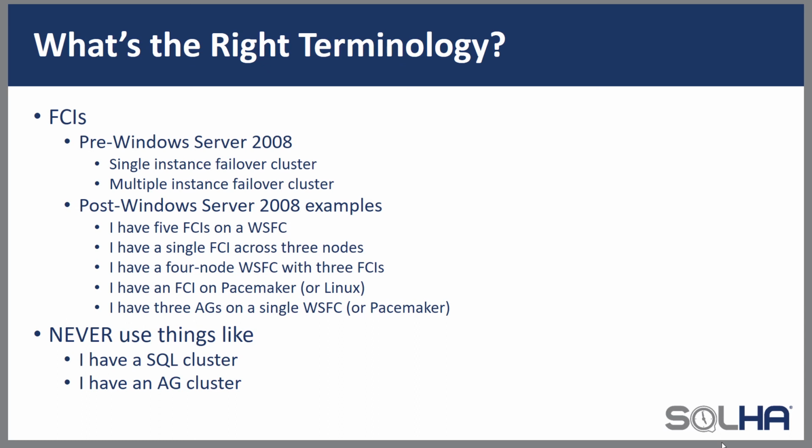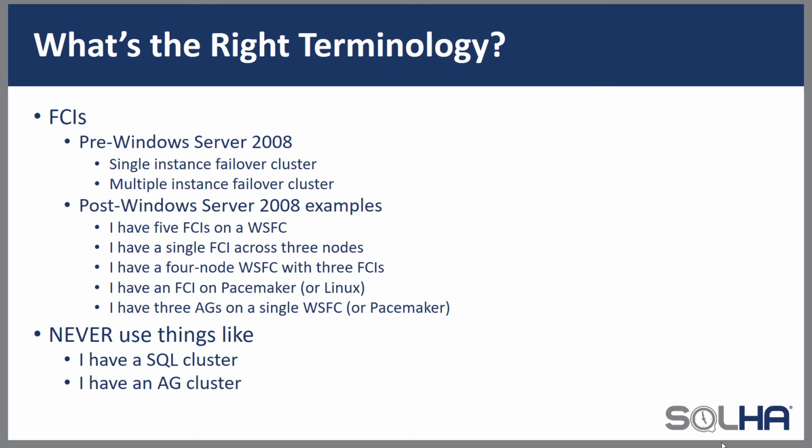Now I'll say things like I've got n number of FCIs running on a Windows Server failover cluster, or I've got a single FCI on a Windows Server failover cluster or a Pacemaker cluster. I've got a 4-node Windows Server failover cluster with n number of FCIs. You see, I'm being very specific here because really we're talking about two different things, the clustering layer of Windows and what you're doing in SQL Server.